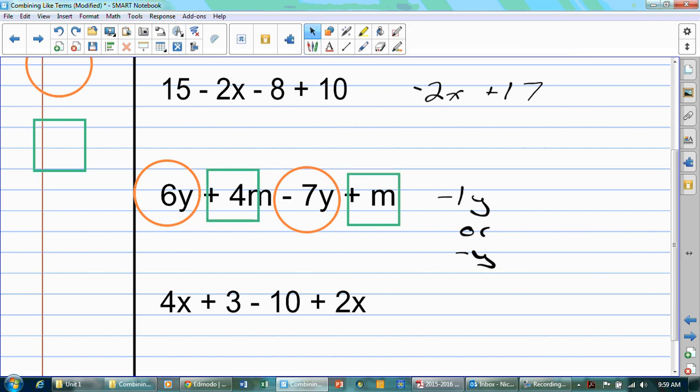Now, positive 4 plus 1 is positive 5m. So this would be the answer. If you have 5m minus 1y or 5m minus y, again, same thing.